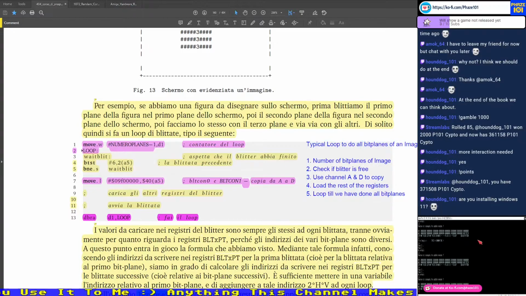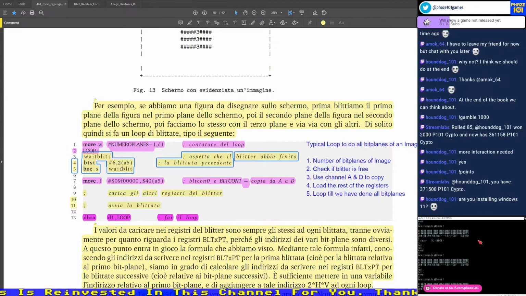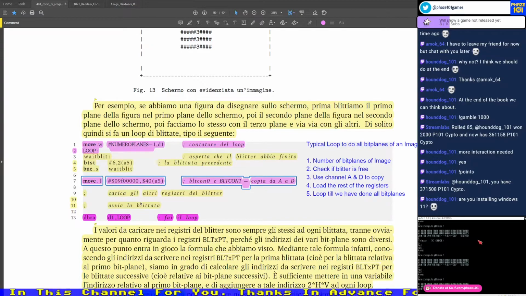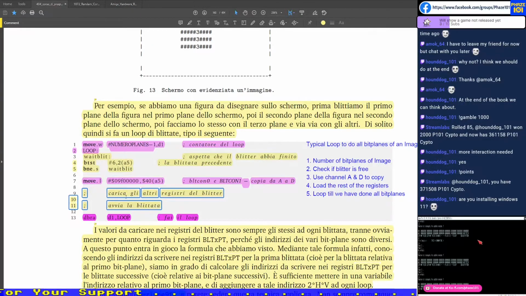What he's saying here is, as you can see, we're setting the number of bit planes, waiting for the blitter to be free, setting the channels A and D, loading the registers of the blitter, and initializing our blit on line 11, and then we loop. It's the same thing I've written here, just in words instead of code so you can understand what's happening exactly.